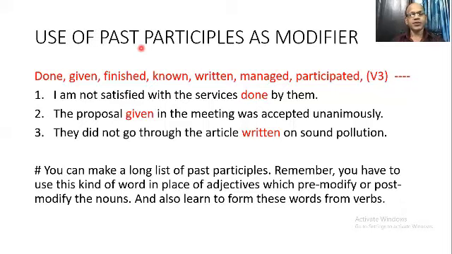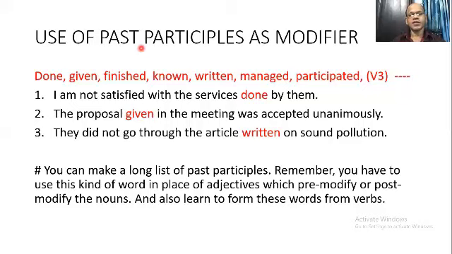I'm not satisfied with the services done by them. Look at the use of the word done. This modifies the noun service. The proposal given in the meeting was accepted unanimously. Look at given, it modifies the noun proposal. They didn't go through the article written on sound pollution.